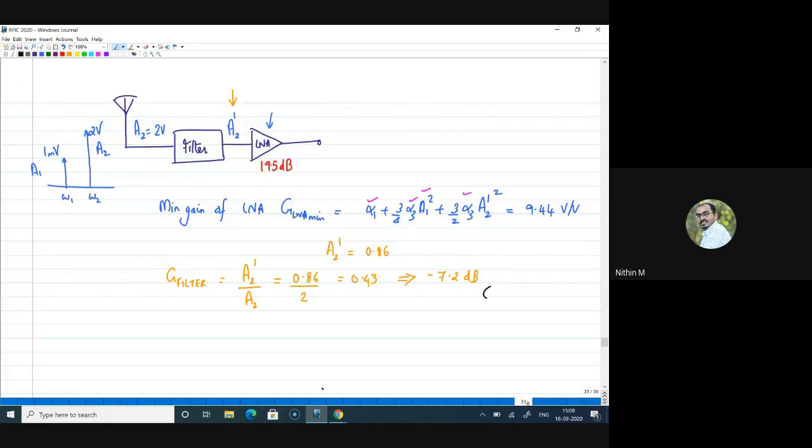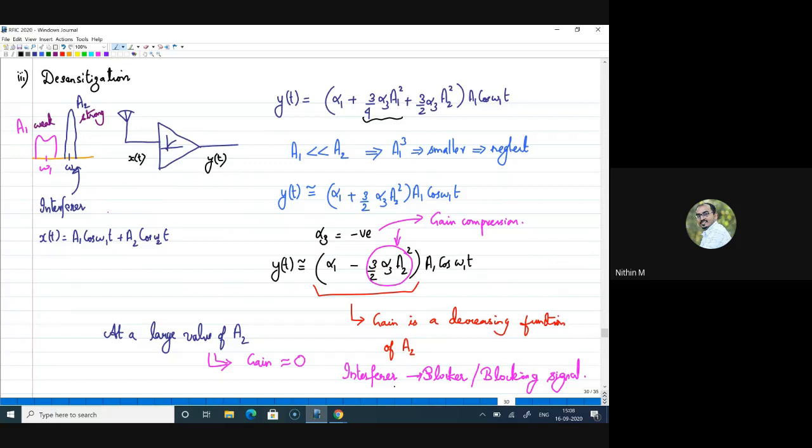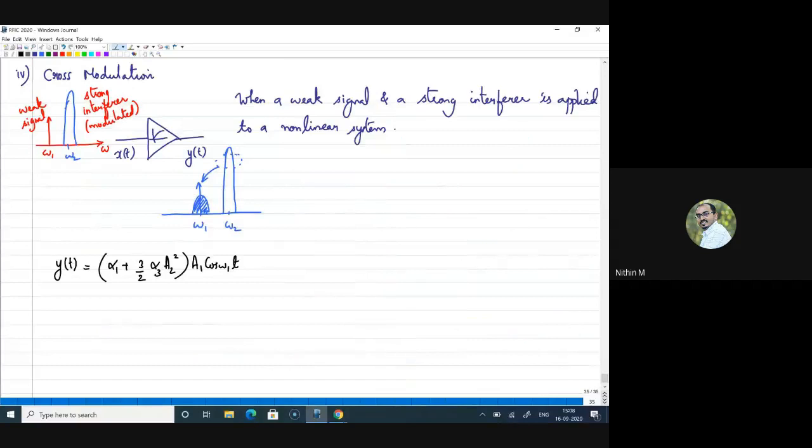I hope you follow that. So here we have just neglected one term, the 3 by 4 alpha 3 a1 cube term, for the reason that a1 is very weak. This is the rest of the part. Now I'm not considering harmonics or any other intermodulation component, looking only at the fundamental gain term.